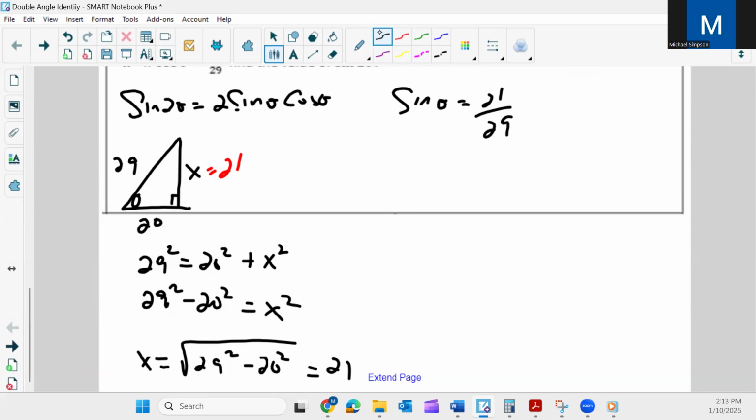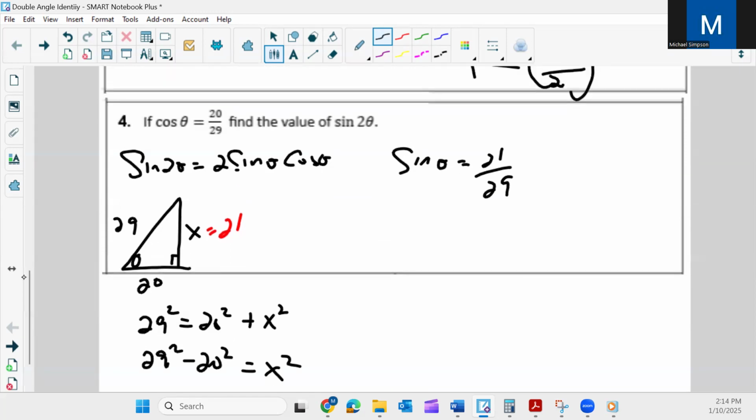Cosine was given, and we just found sine. Remember, cosine is adjacent over hypotenuse. So you just put in a triangle and you find that side.